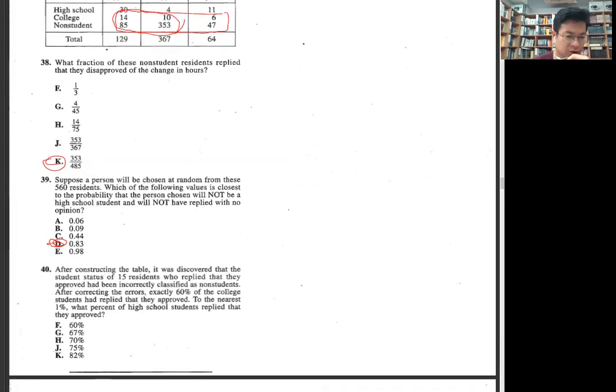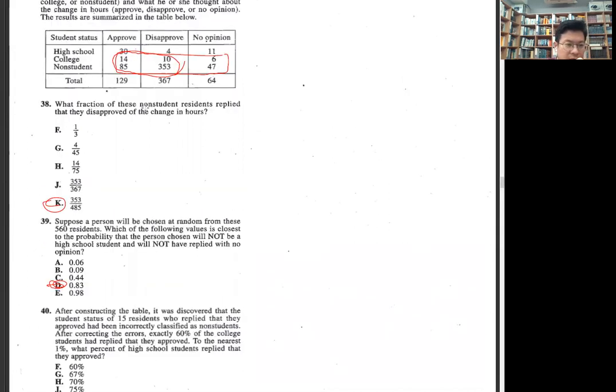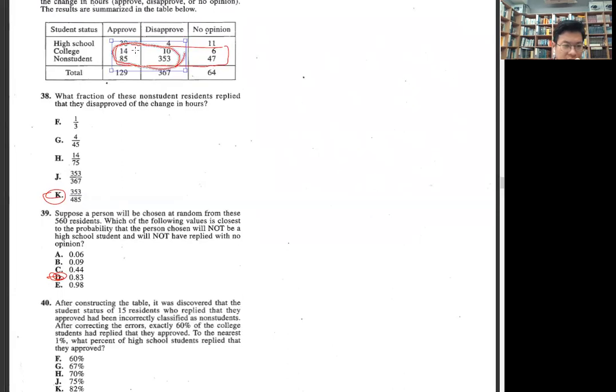After constructing the table, it is discovered that the student status of 15 residents who replied they approved was incorrect. So approved incorrectly. Non-students. So 15 of them are wrong.